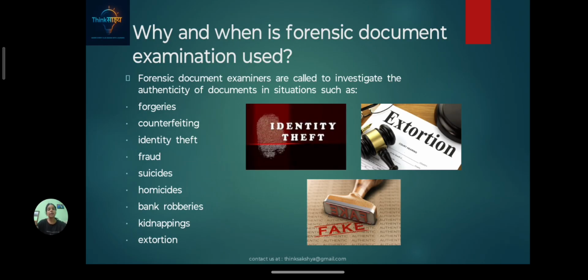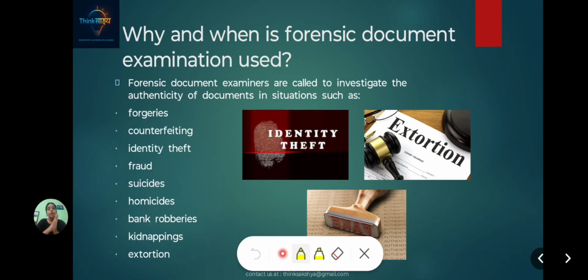Moving on. Why and when is forensic document examination used? Forensic document examiners are usually called in cases involving forgeries, counterfeiting, identity theft, fraud cases, suicides, and homicides where notes are involved, bank robberies, kidnappings, extortion.